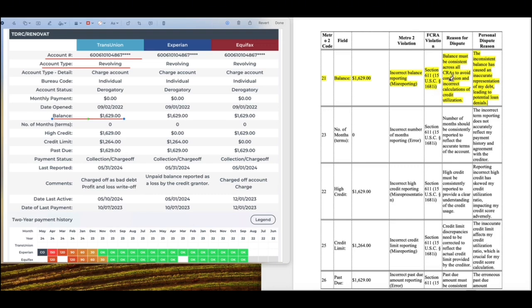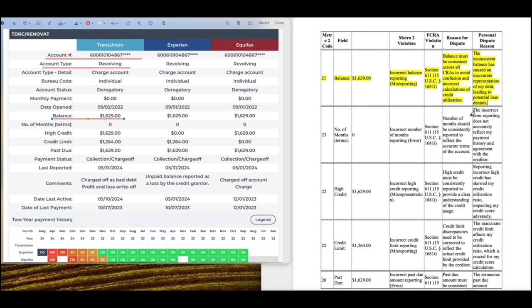Balance must be consistent across all CRAs to avoid confusion and incorrect calculation of credit utilization. That's a very good reason, so copy that, screenshot this or something. My personal reason is this inconsistent balance has caused an inaccurate representation of my debt, leading to potential loan denials. So that's even more personal. These are two really good reasons here, y'all.